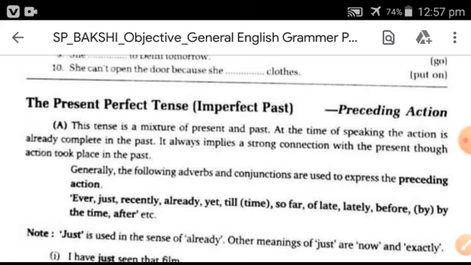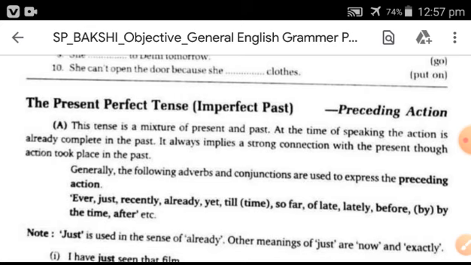It always implies a strong connection with the present, though the action took place in the past. It means an action is already done, but the effect of the action is still sustained in what you say, what you mean.